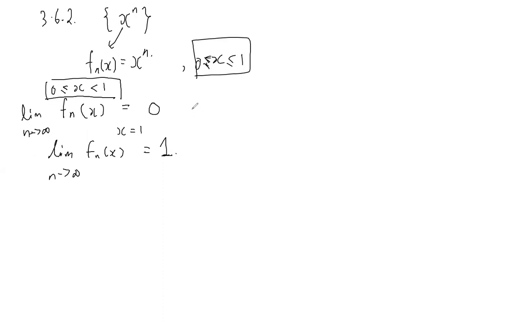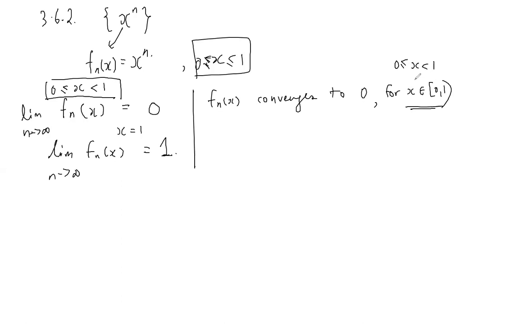Okay, so here we can say that f_n(x) converges to 0 for x in [0,1). You can familiarize yourself: I can either write it like this or like this. They are the same thing. This is more like inequality notation, and this is like set notation.